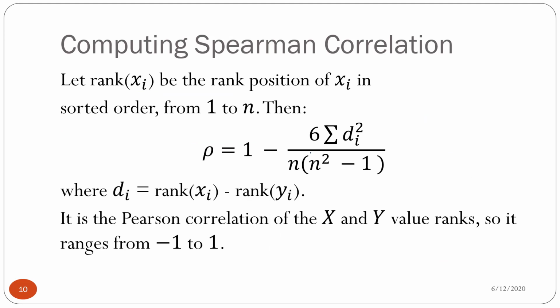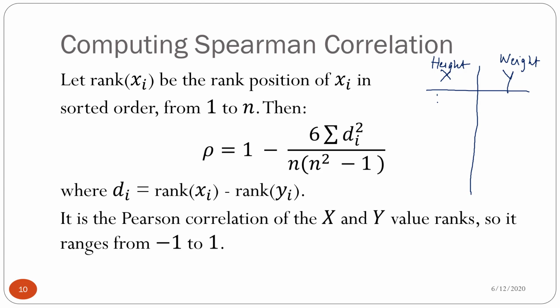Okay, now let's look at how we will compute that. There is something called ranking. So assume that you had x and y, where x is height and y is weight, and let me put some values right here.